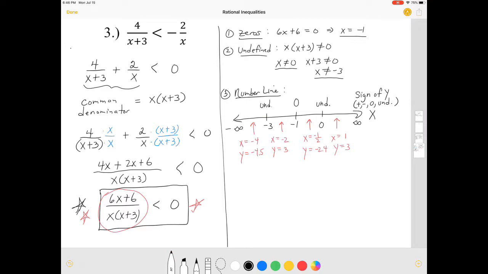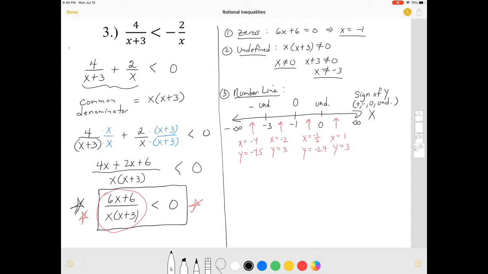So now on top of the number line, we're going to record the signs of those y values. So we're going to put a negative here because the y value is -4.5. Here we're going to put a positive sign because the y value is +3. We're going to put a negative there for -2.4 and a positive there for the +3. And now we're just about ready to write out our solution.